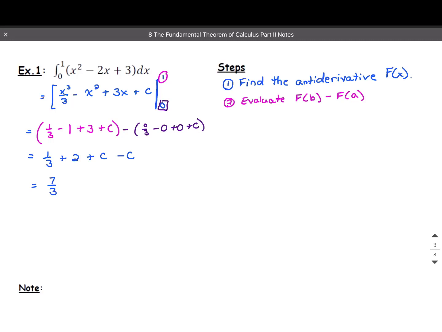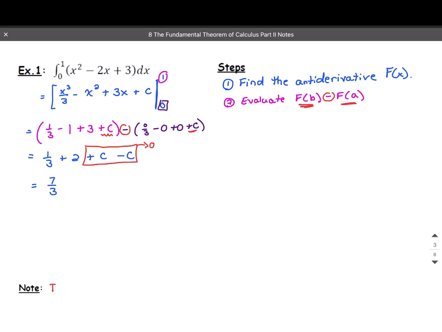And look at this c and the minus c. They're going to add to 0, right? Regardless of where we're evaluating from. This c, and we're always going to have a minus between the antiderivative at the upper limit and the antiderivative at the lower limit, means we're going to have a minus c over there.